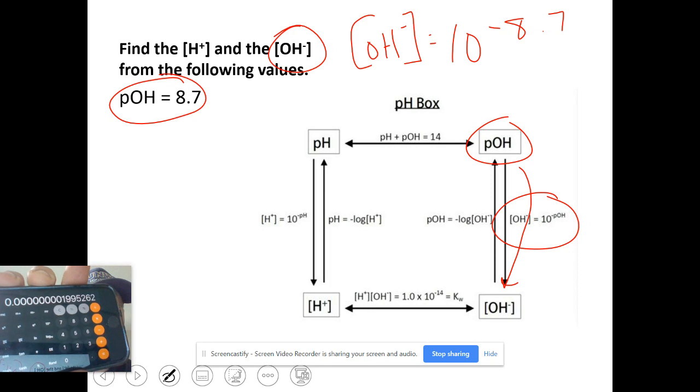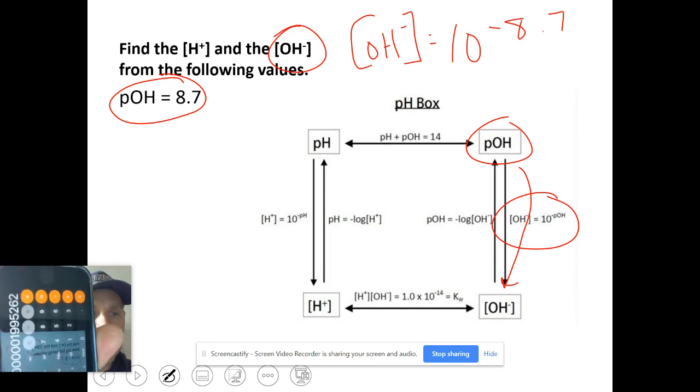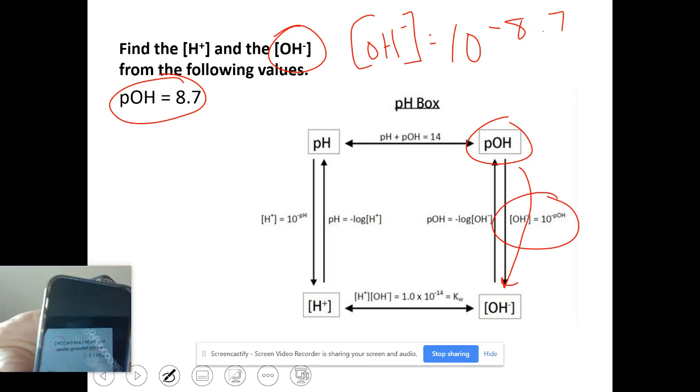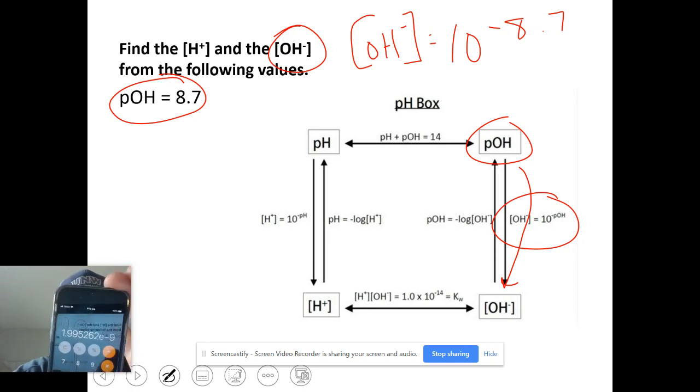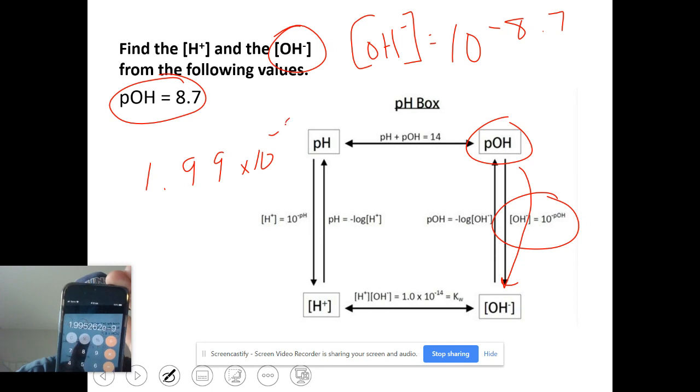A lot of zeros again, so I'm going to crank it. There we go. Here's what I get: 1.99 times 10 to the negative 9.